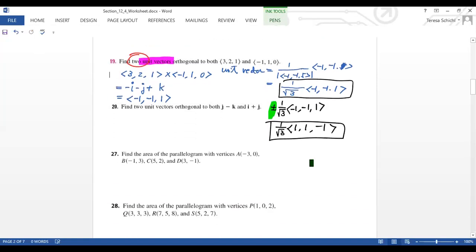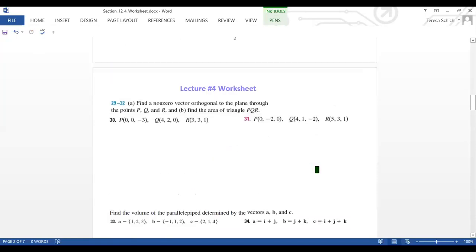The other problem, I think you can do okay. See here. The next problem I'm going to work is number 31 here.